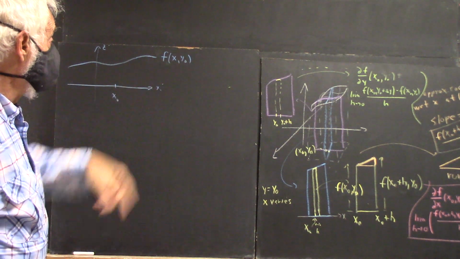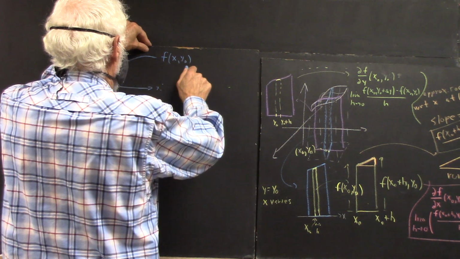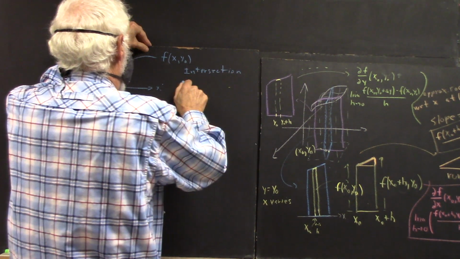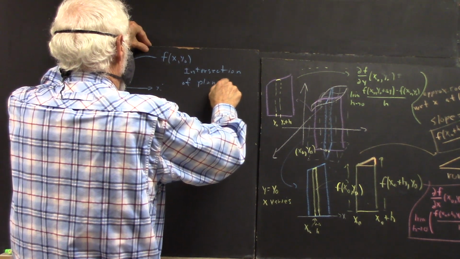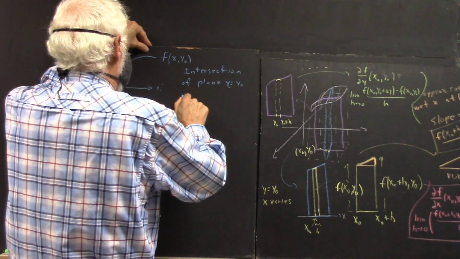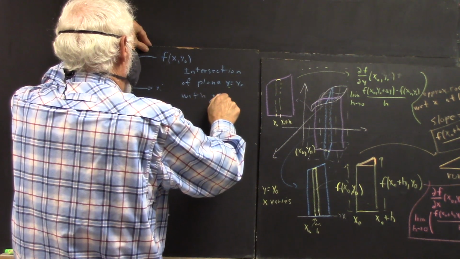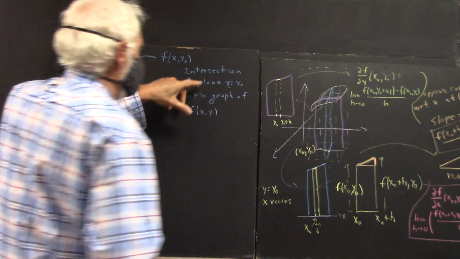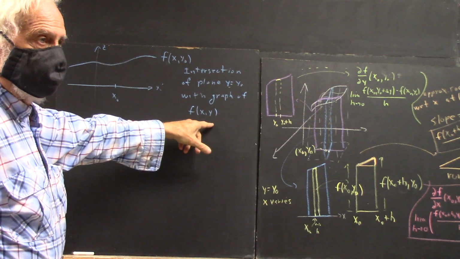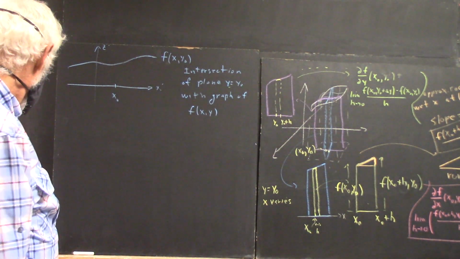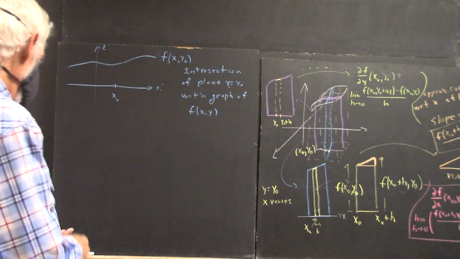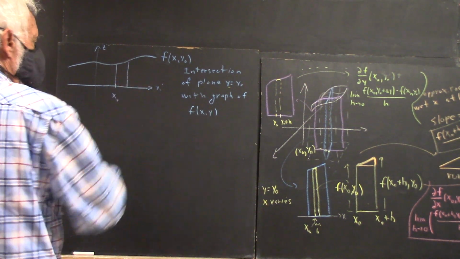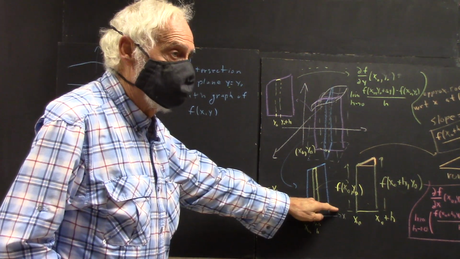So this is the intersection of the plane y equals y naught with the graph of f of x, y. Our blue section corresponds to this.